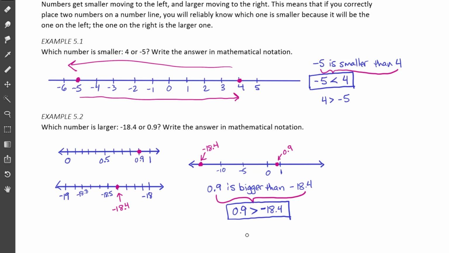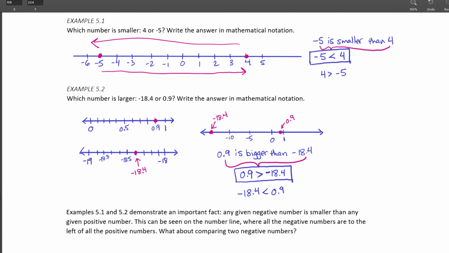You could certainly write an equivalent statement that negative 18.4 is less than 0.9. Notice once again, if you flip the order of the numbers, you must flip that inequality. So the greater than must become a less than, simply to preserve the statement as being true. If you don't flip the inequality, you make that statement into something that's not true.